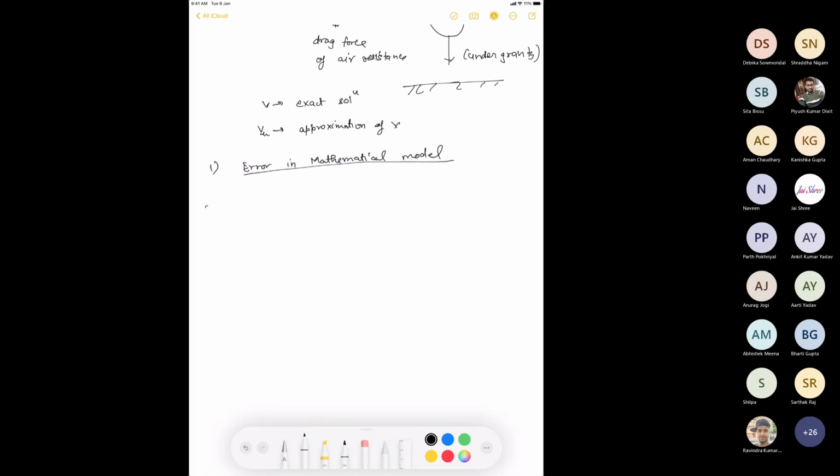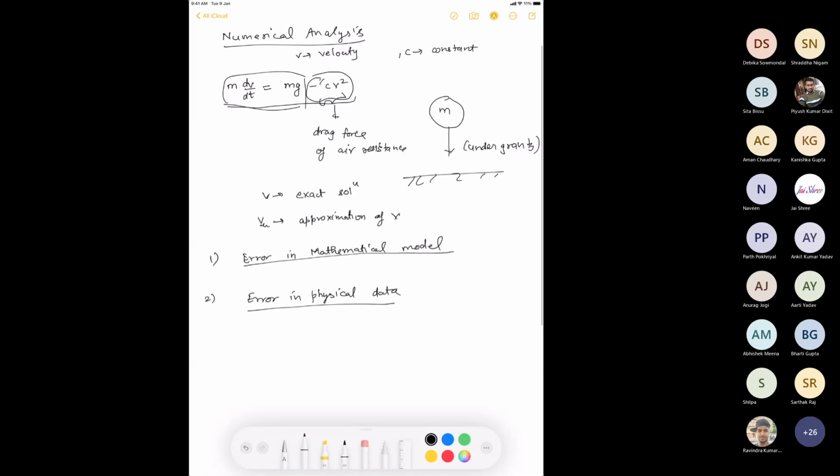Okay. Secondly, you can have error in the physical data. Suppose the mathematical model which we get involves some parameters. For example, here you have c present, right? And these parameters are coming through some physical measurements.